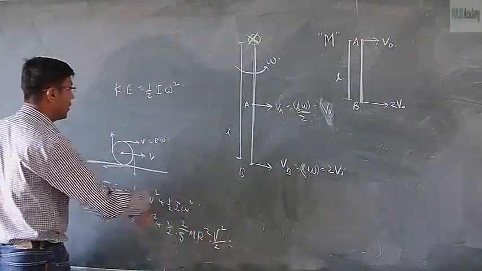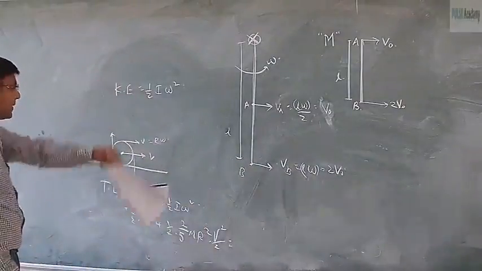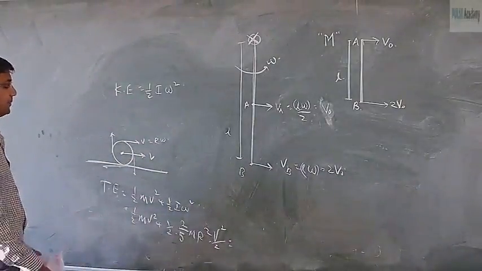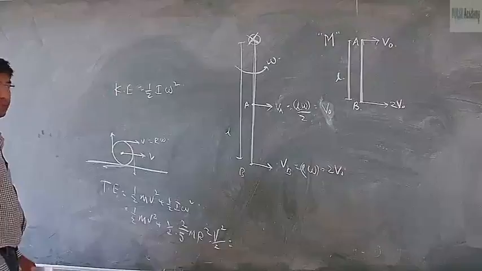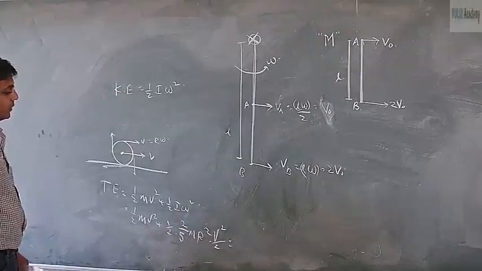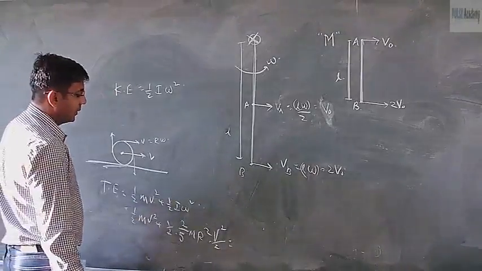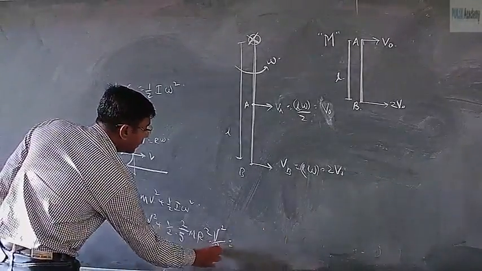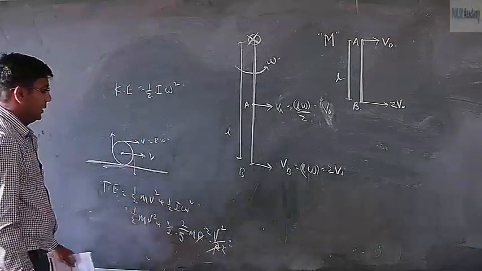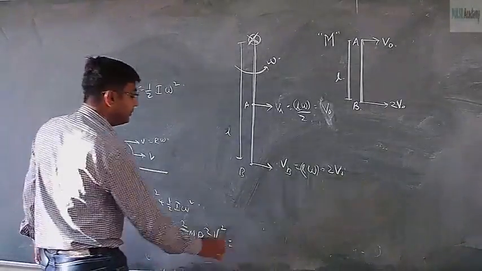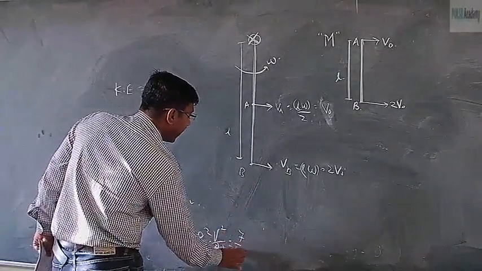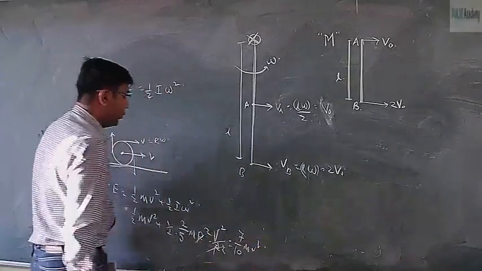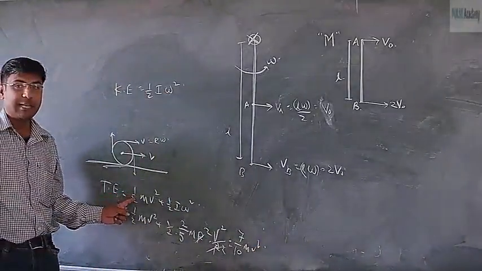So how much is this calculation? 7 by 10 m v square. Okay? So we have considered here translational as well as rotational.